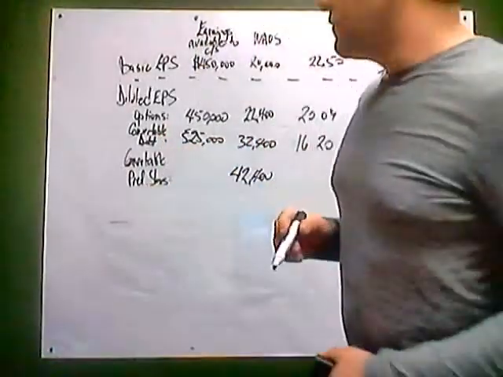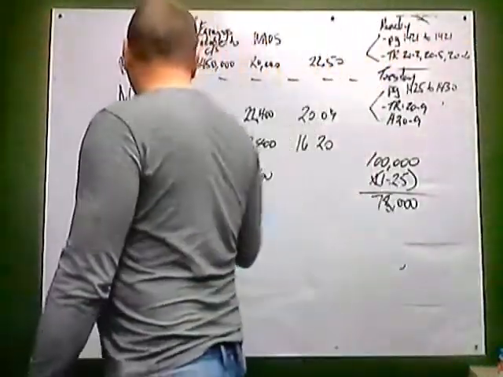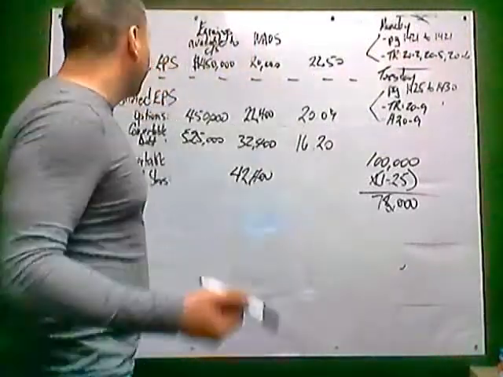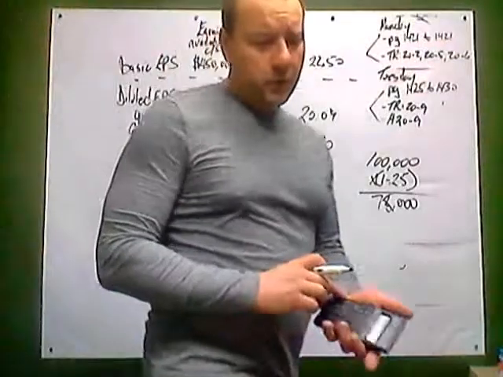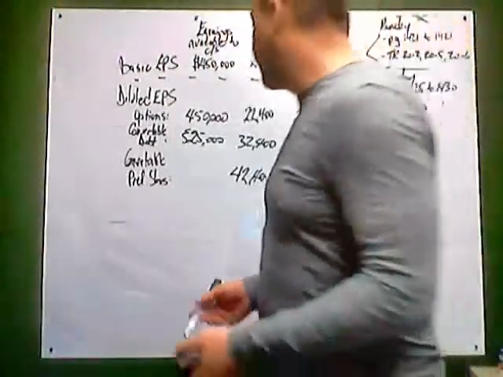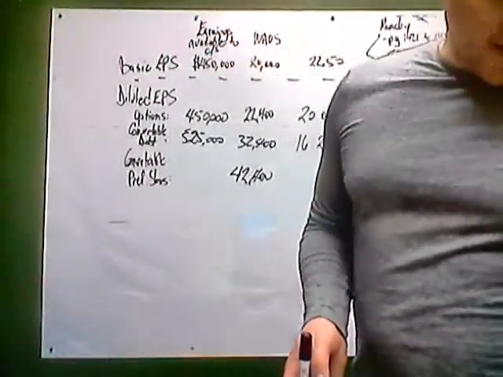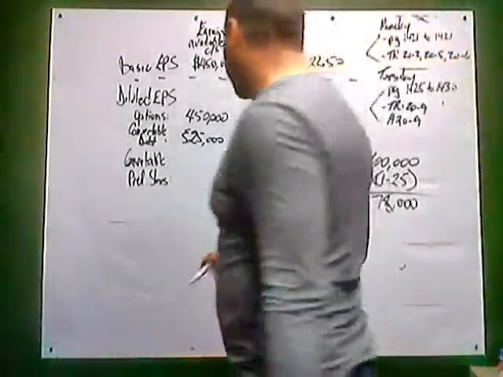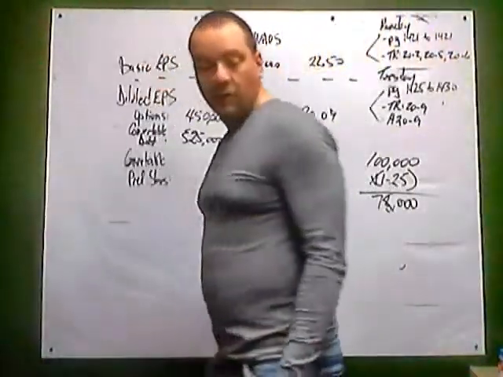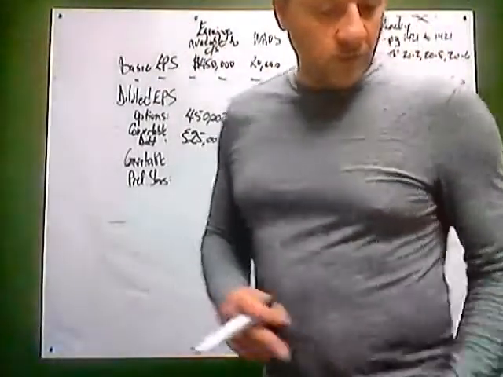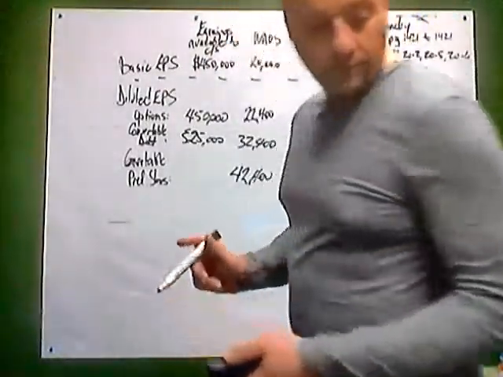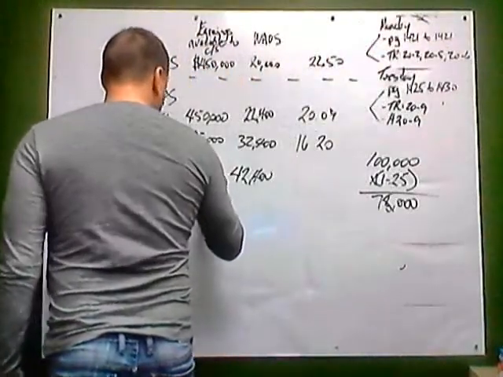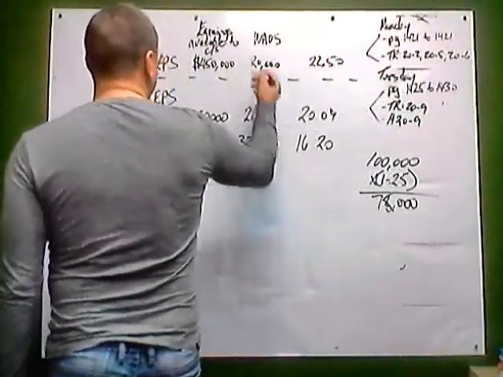Since we've converted the preferred shares to common shares, we no longer have to pay the preferred dividend. So how much are dividends avoided? Well, we're going to avoid paying $150,000 of dividends. Okay. So as a result, we have $675,000 that's now available to the common shareholder.